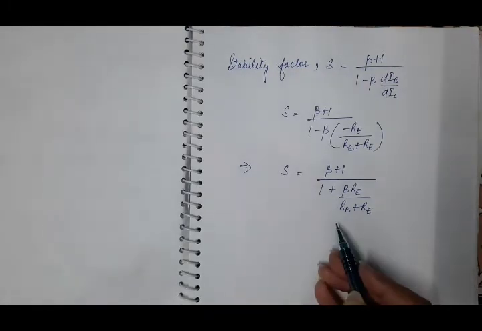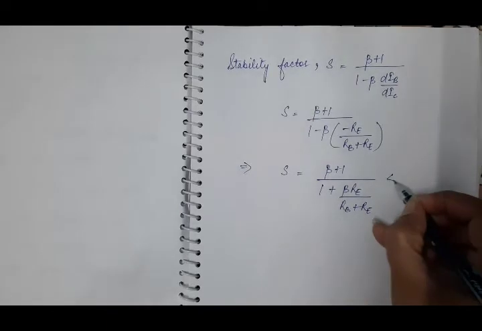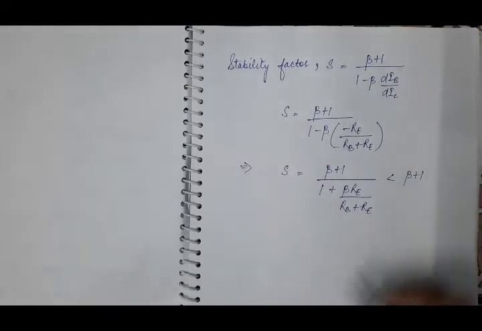So this value will be less than beta plus 1. So it means stability factor in this case is less than the stability factor in case of fixed biasing.